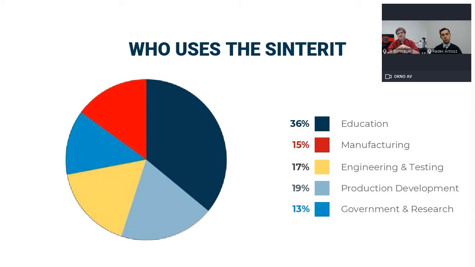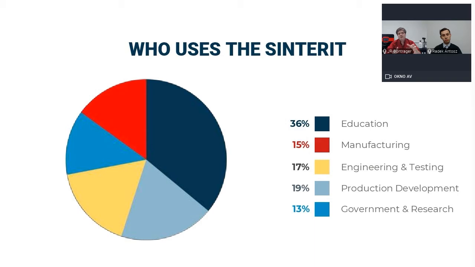A lot of people are like, well, I don't want to put in $100,000 or an exorbitant amount of money and then have to train an engineer on how to use this. You can literally take one of these desktop SLS machines and after about an hour or so, anybody can really use these. There's a couple of things here and there that you might need a little more experience with, but for the most part, desktop SLS is pretty easy to use and pretty easy to get moving through the learning curve.